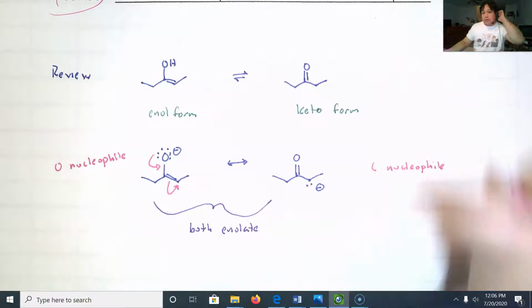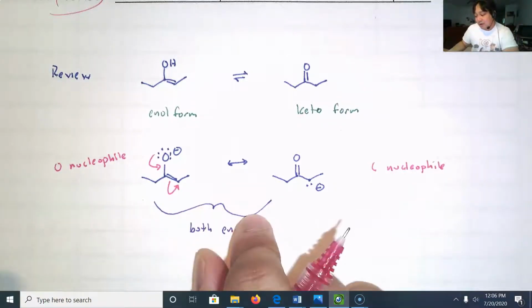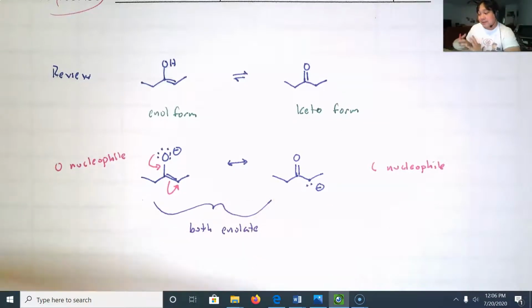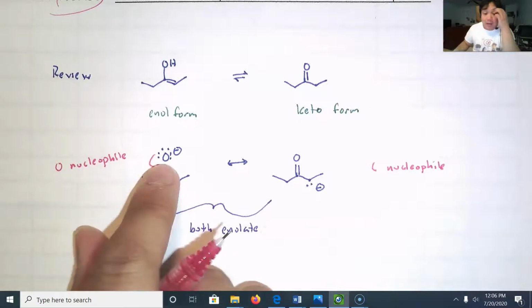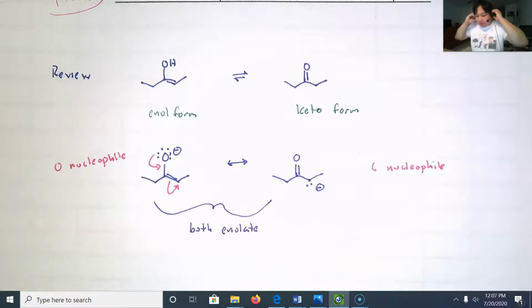We'll get to, when we look at the aldol, what do we have to draw? Which resonance form is preferred? And where does the attachment take place? Does it take place at the oxygen, or does it take place at the carbon? Okay, but that will come in due time.